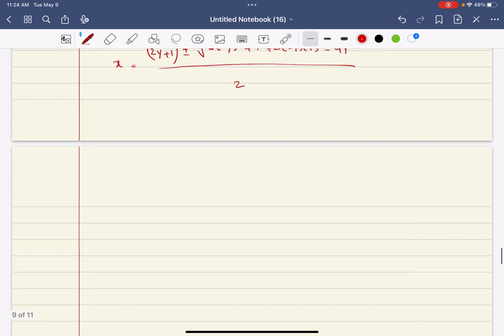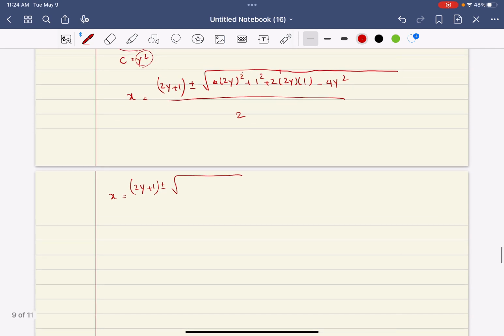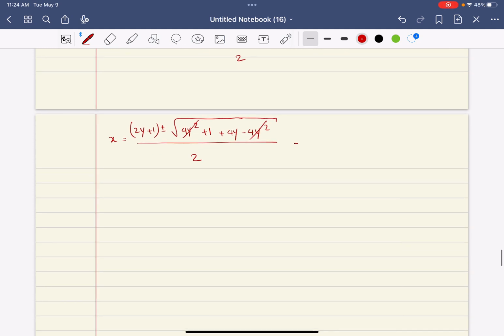So the x would be equal to 2y plus 1 plus minus root of 4y squared plus 1 plus 4y minus 4y squared over 2. 4y squared would be cancelled out, so the x would be equal to 2y plus 1 plus minus root 4y plus 1 over 2.